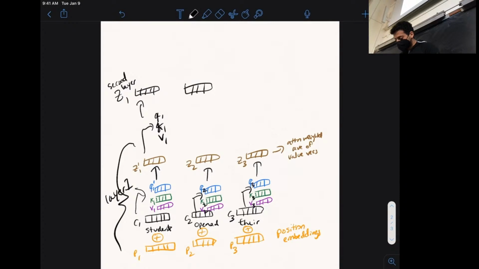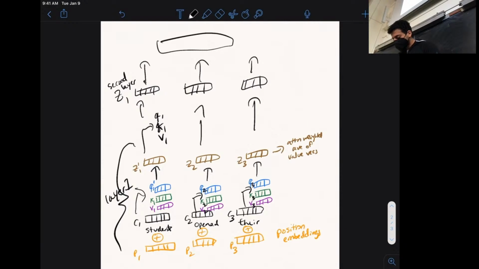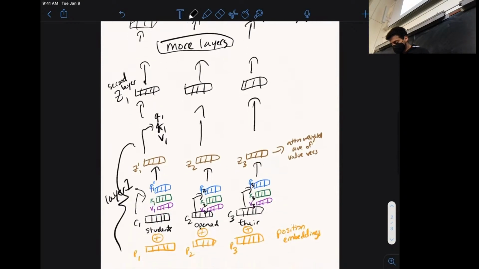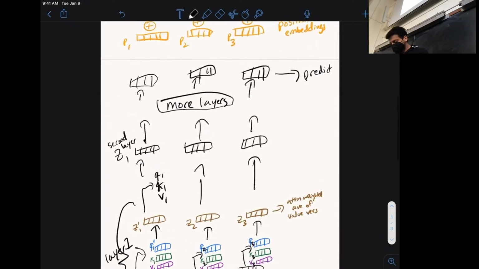So I get some more vectors here after this attention weighted average. And I can stack many more blocks, more layers. Then finally, I'll get to a point where I'm satisfied with how big my model is. I'll get these final layer z's, and from this I will predict, what am I predicting? Books.